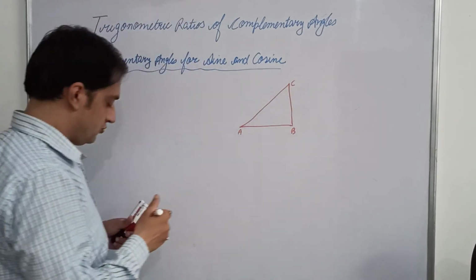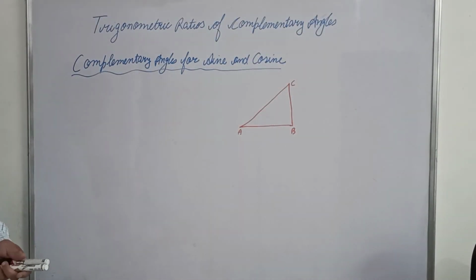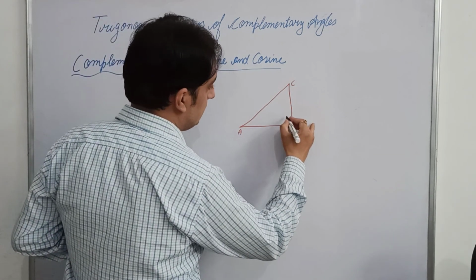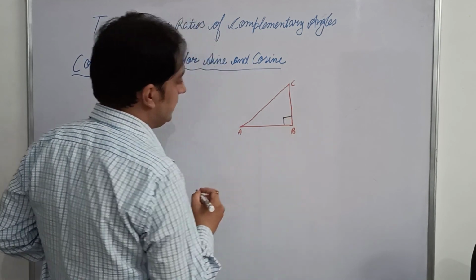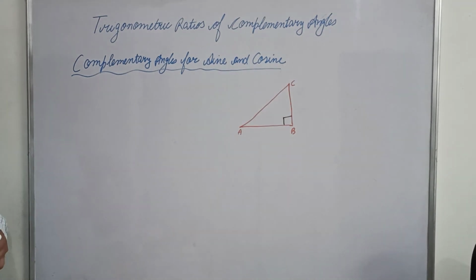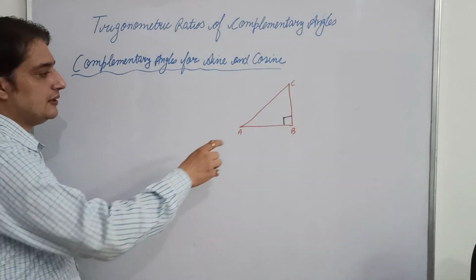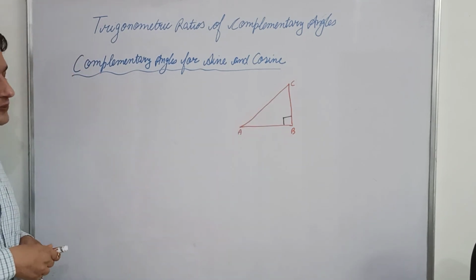This is a right triangle in which angle B is 90 degrees, and A and C are complementary angles also, and their sum is 90 degrees. Right.